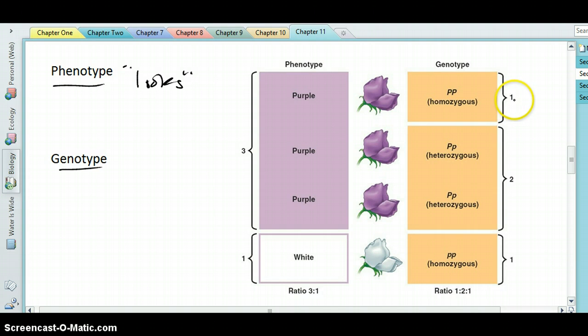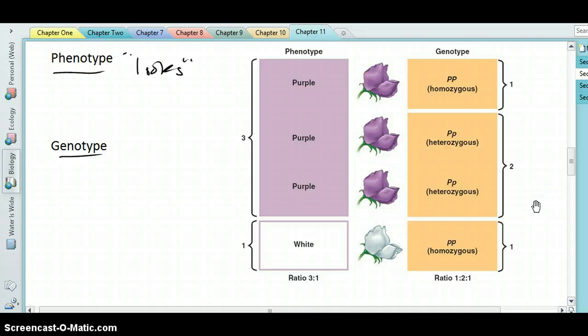So over here we have the possible genotypes for this P gene. You could be homozygous dominant, heterozygous, or homozygous recessive. And you'll notice that the homozygous dominant and the heterozygous individuals all have the purple phenotype, whereas the only individuals with the white phenotype are the homozygous recessive.